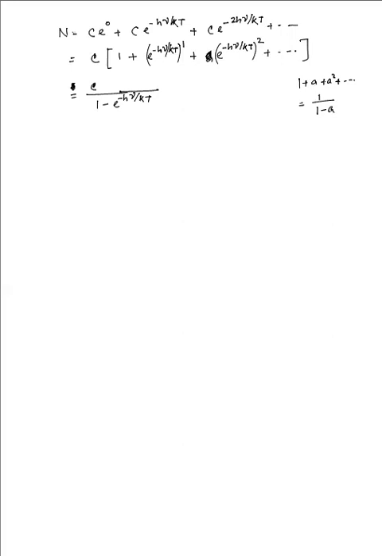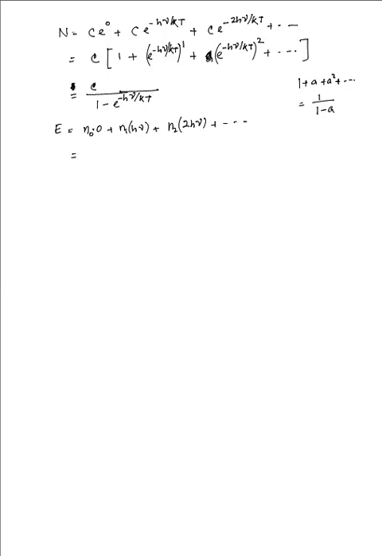Now remember, for the energy term, E was equal to n0 times 0 plus n1 times h nu plus n2 times 2h nu, the corresponding energies, and so on. Now we know the values of n1, n2 and so on.